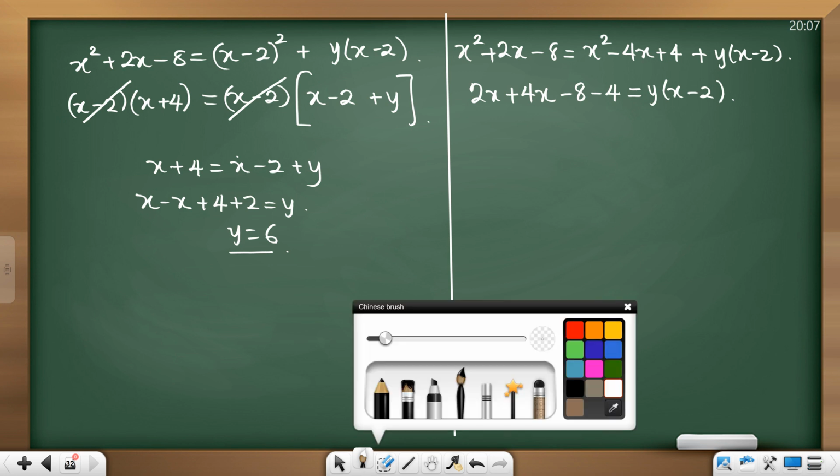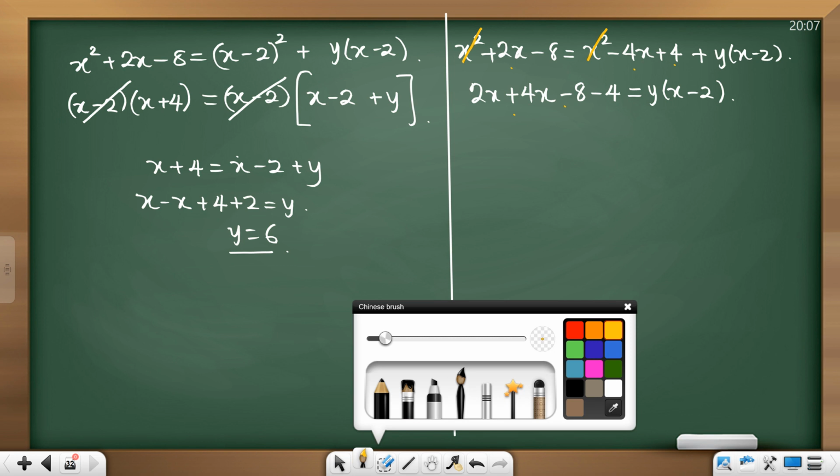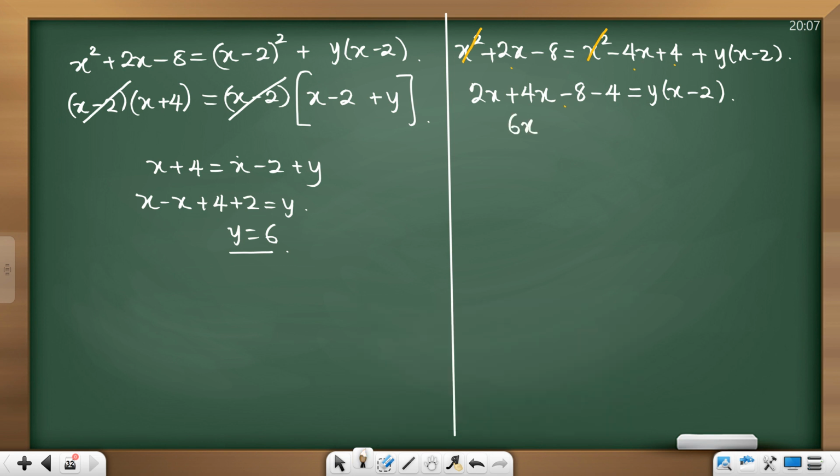Everything over and simplifying. X squared minus x squared, 2x minus 8. If I bring this 4 over, what do we have here? 6x minus what? 12 equals y into bracket x minus 2. Divide both sides by x minus 2. Yes.